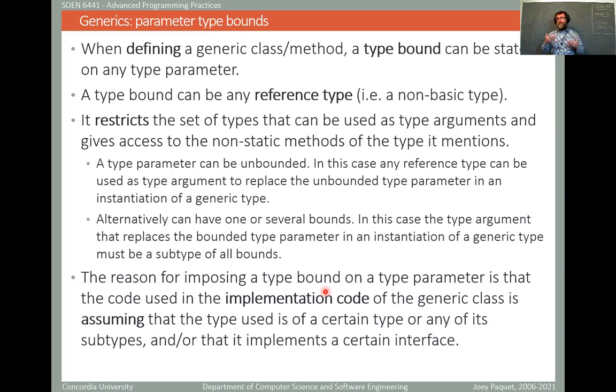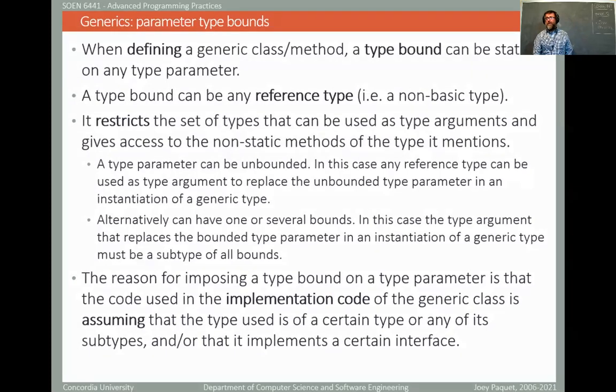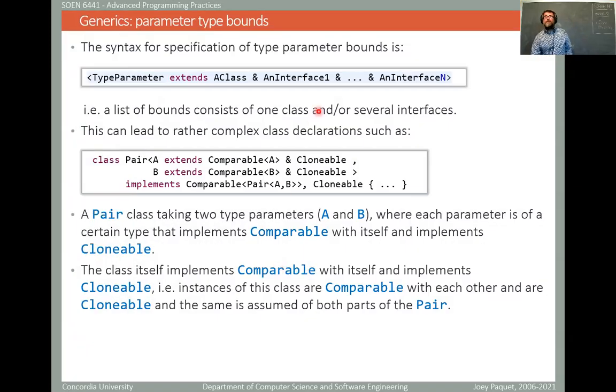If your code uses operators that manipulate numbers, then you have to bind this class to the type number so that your code will actually work for all the family of classes of numbers. So that's why you have bounds on classes.